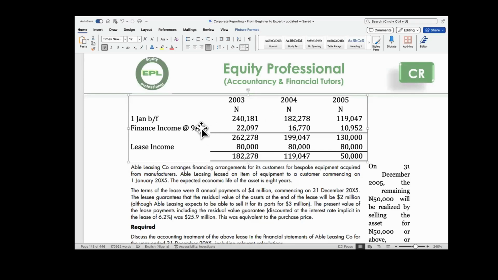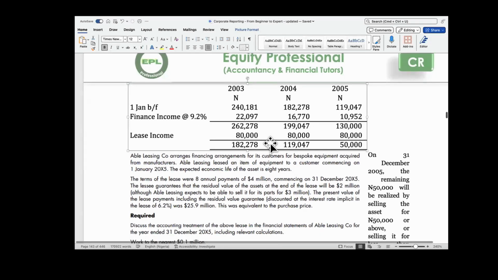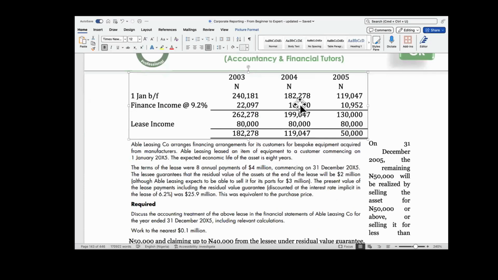Then you apply the 9.2% again on that 182,278. It gives you 16,770. You add that together, you have 199,047. You take away the lease payment, you get 119,047, which you carry to next year.